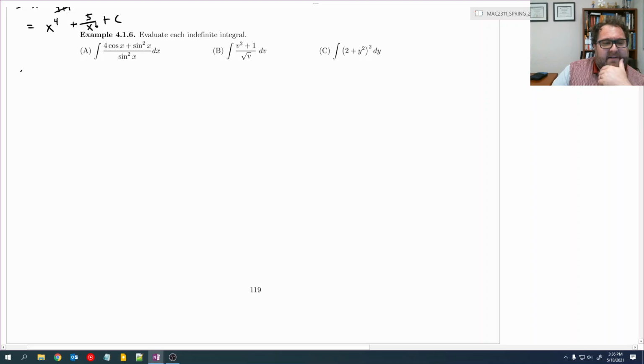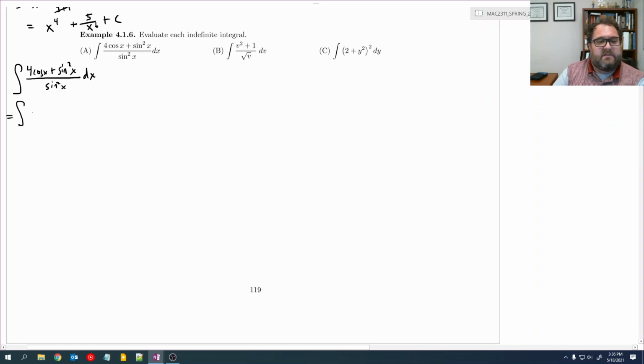So let's take a look. We have the antiderivative of 4 cosine x plus sine squared x over sine squared x dx. Now, my first hunch for something like this is to rewrite it as two separate fractions.